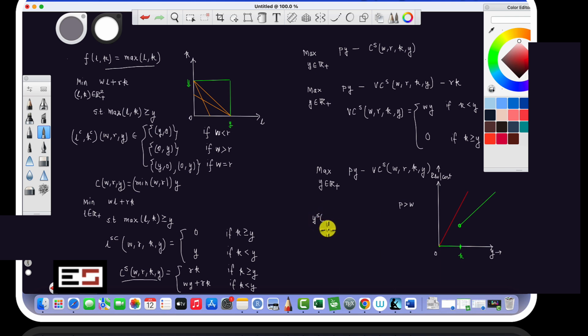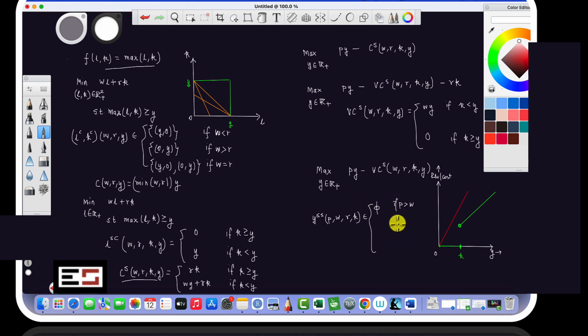So this is your supply function in the short run. Let me write the short-run supply s(p, w, r, k). If p is greater than w, there is no finite solution, so I'm just going to write an empty set.